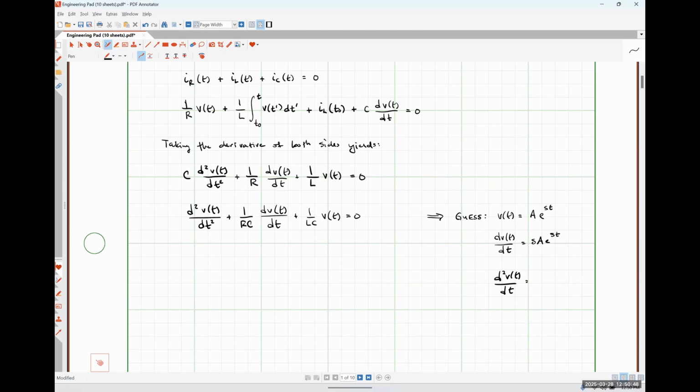So the first function, s, times the derivative of the second gives s squared A e to the st, plus the second function times the derivative of the first. So it would literally just be plus A e to the st.